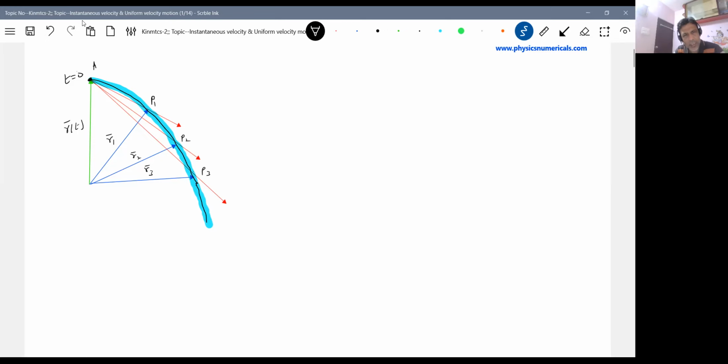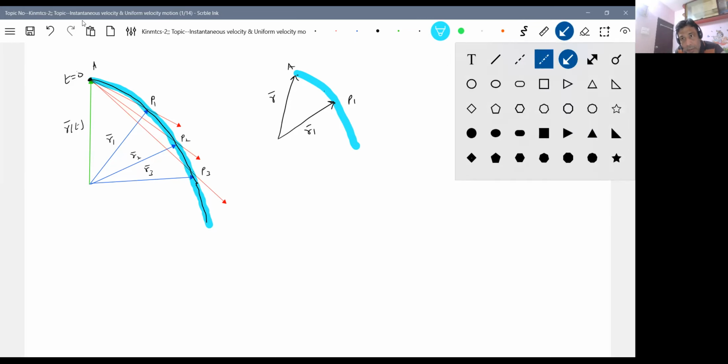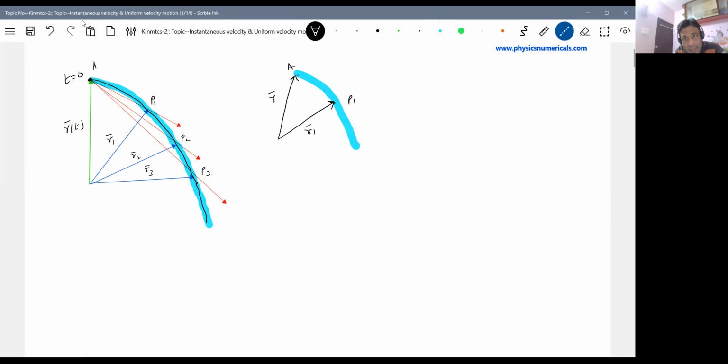Sir, how can you call that the displacement vector? Okay, very simple method. This is R bar, you write it. This is R1 bar. The particle is at point A, and after some time will be at point P1. How is the path? It's going to move in a curved path. What is the displacement? You are going to take this as the displacement.